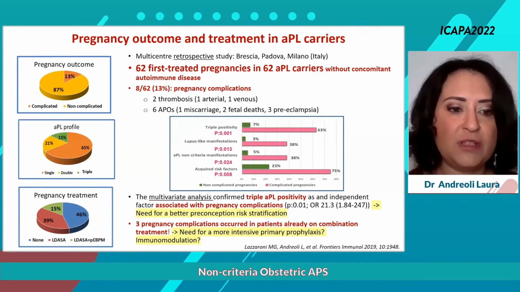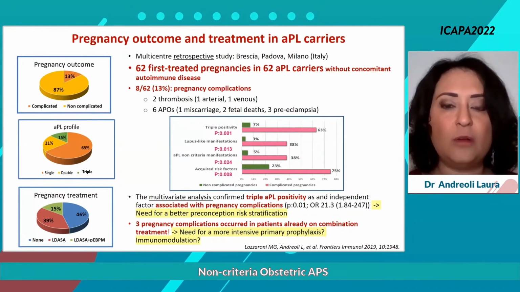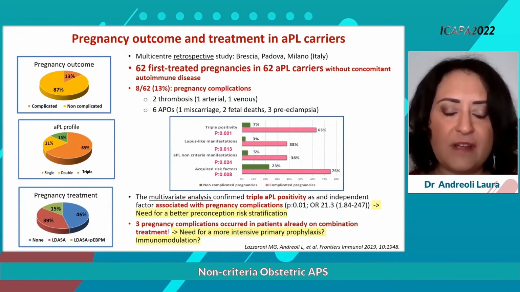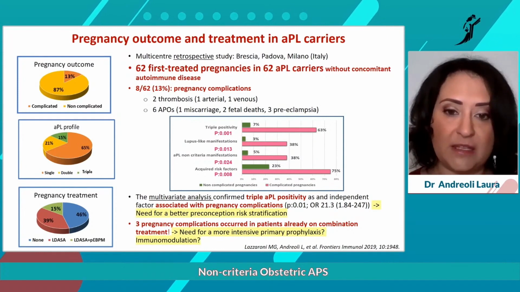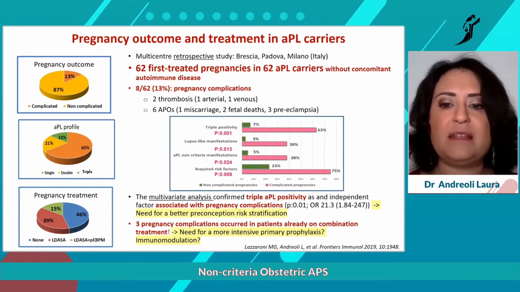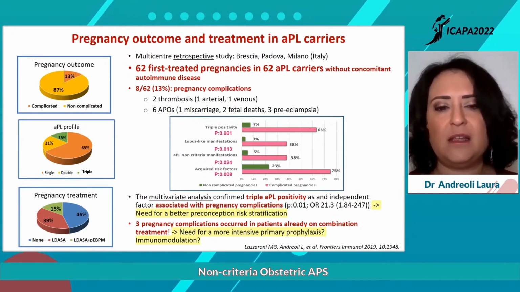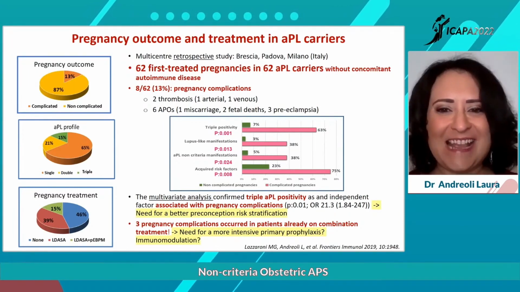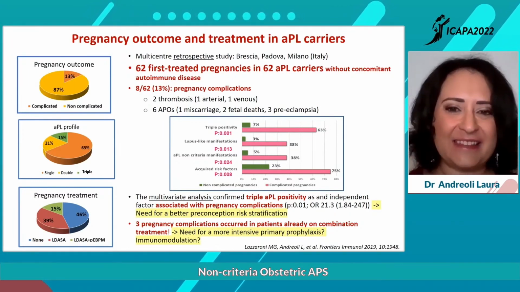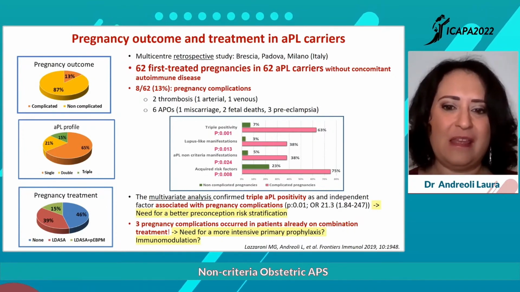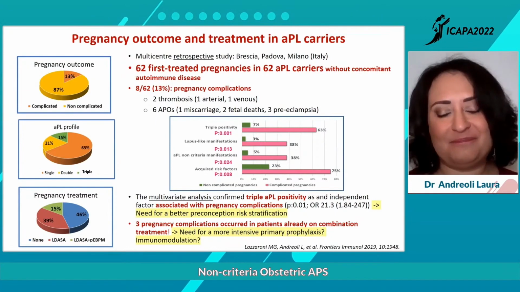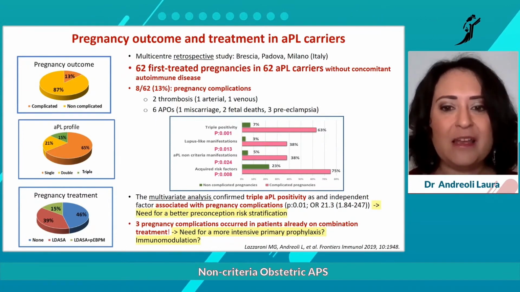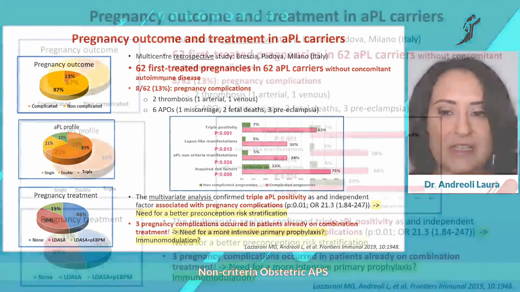Let's see, most of the patients received only low-dose aspirin. Only very few of them received heparin together with aspirin. So probably this tells us that we need to better assess the risk linked to the APL profile. But then also when pregnancies were treated with the full treatment, we still had complications.